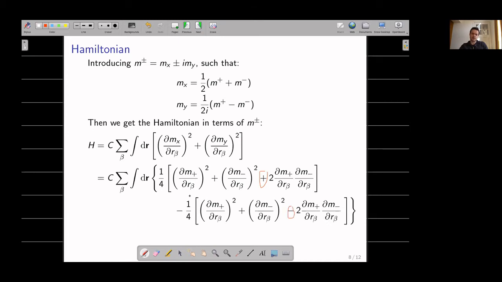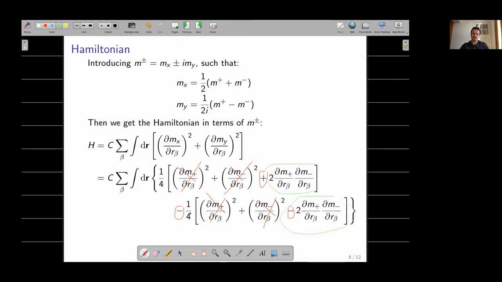And because my has 1 over 2i in front, it has a minus sign. In the end, I think it's quite easy to notice that this term will disappear, this term will disappear, all the squared terms will disappear, and we're going to be left with only the cross terms here in green.